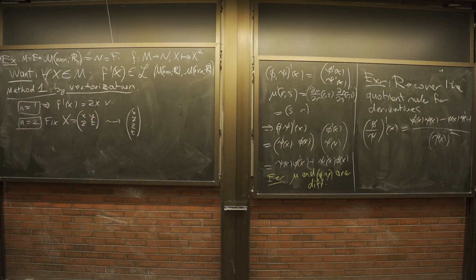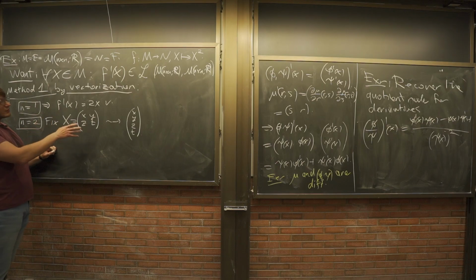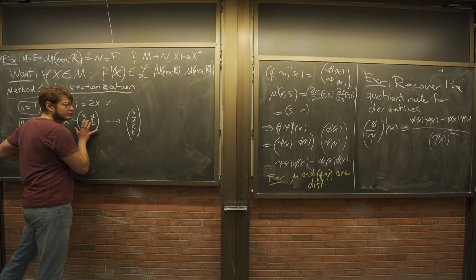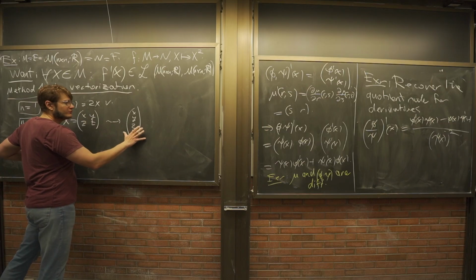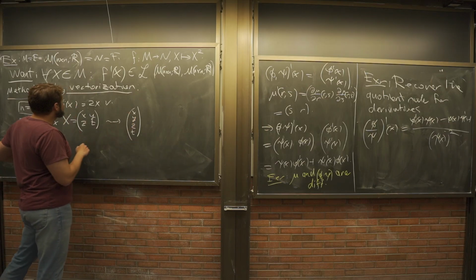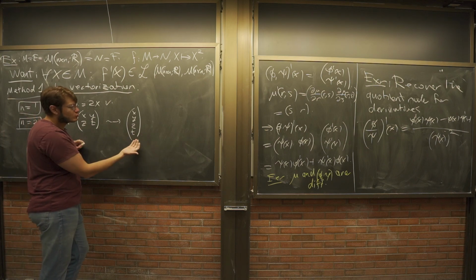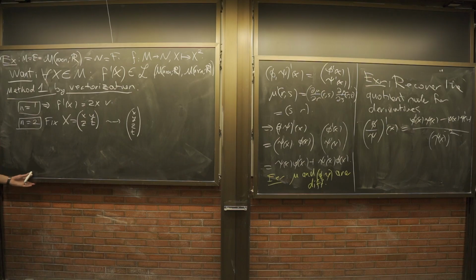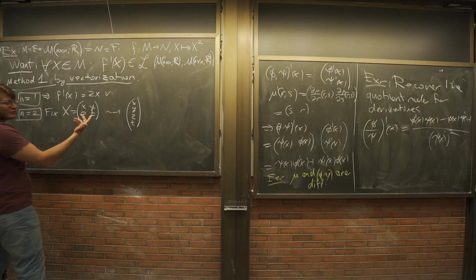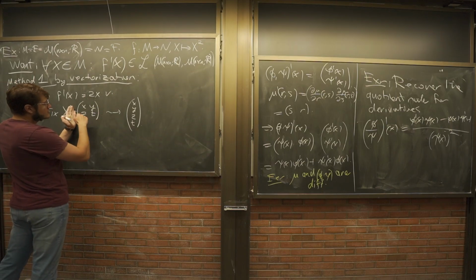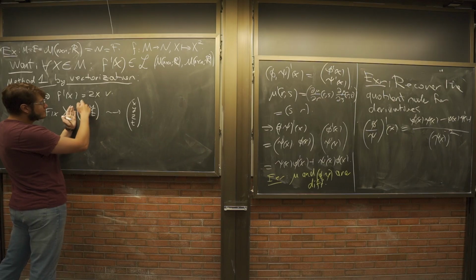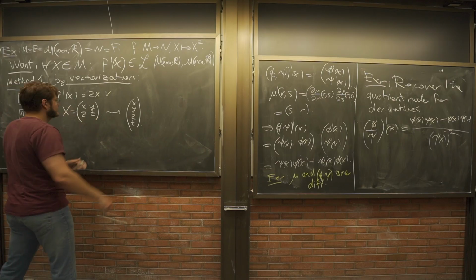But when I'm switching from this notation to this notation, it's not very clear what f does, because you cannot just take this matrix and take its square. So what you need to do is take its square, to come up with another 2 by 2 matrix, and then vectorize, right?